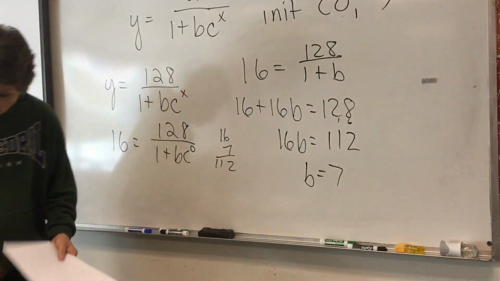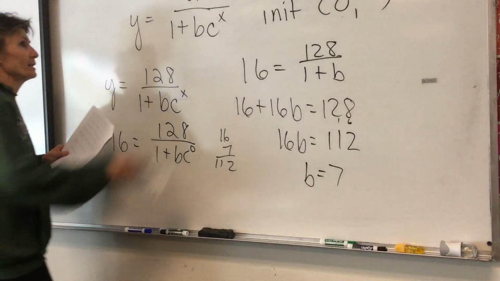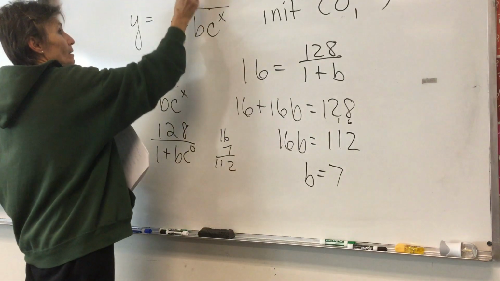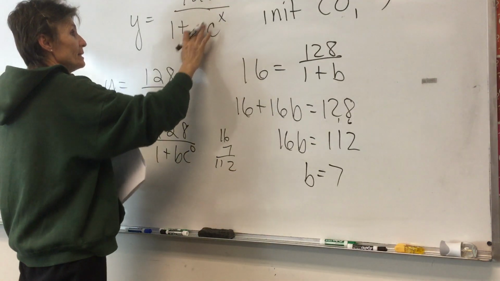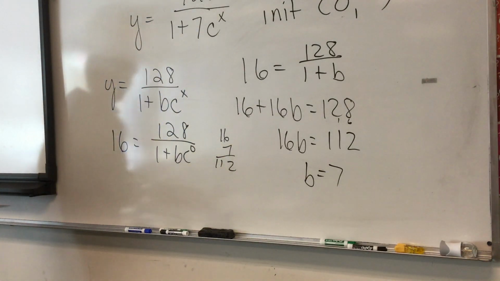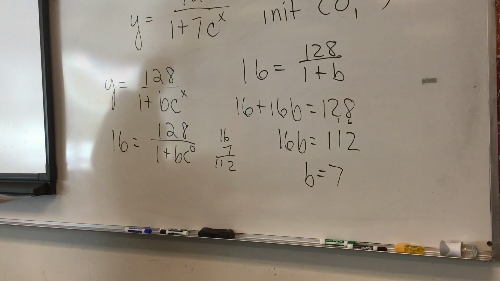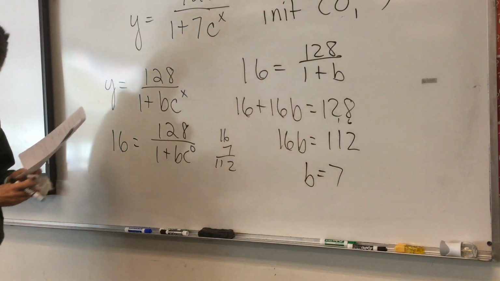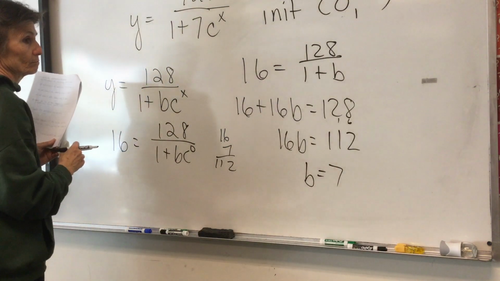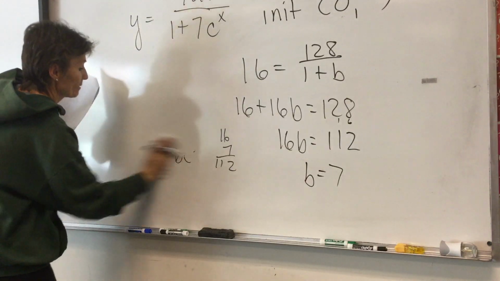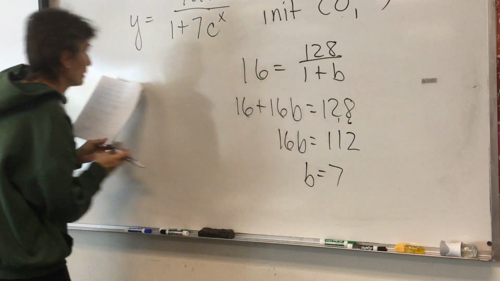So now we're almost done. We've figured out that A was 128 and B is 7. So now all we have to do is figure out C. So how will I do that? Plug in the point. 32. That random point, yep, we're gonna plug that in.